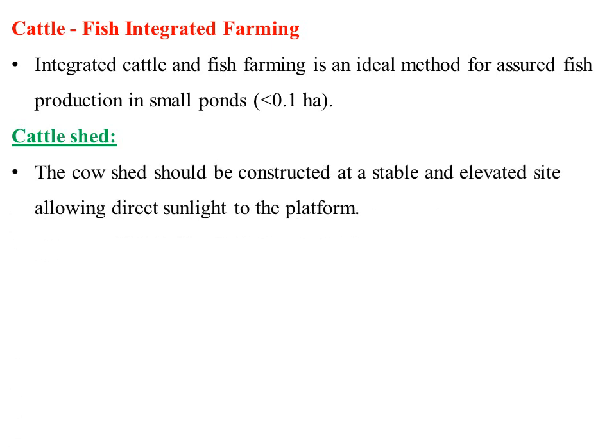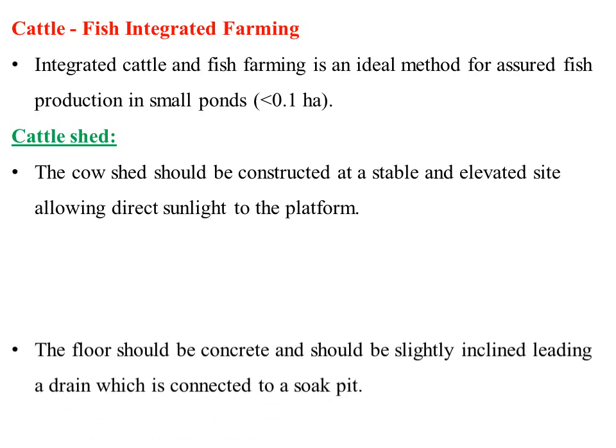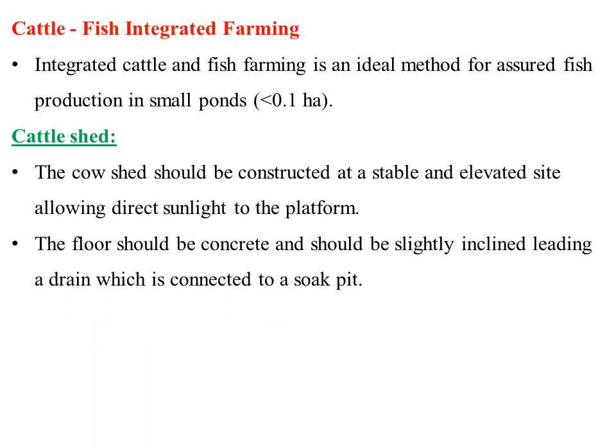The shed should be constructed at a stable as well as elevated site, and it will allow direct sunlight to the platforms as well as the gutters and manches. Then the floor should be concrete, or it should be slightly inclined, leading to a drainage which is connected to a soak pit. And provision of floor space for the cattle, that is the suckling calf, older calf, and the cow, should be there.